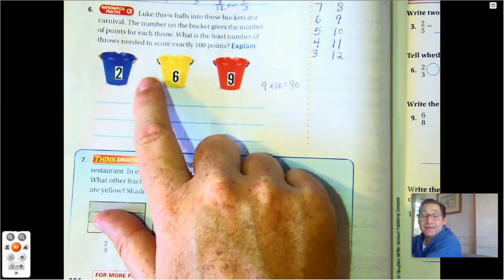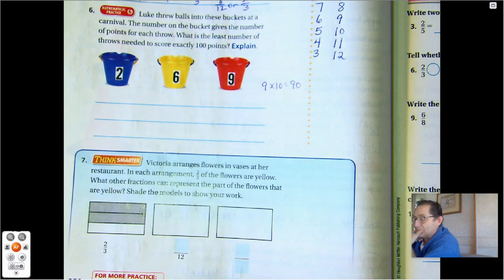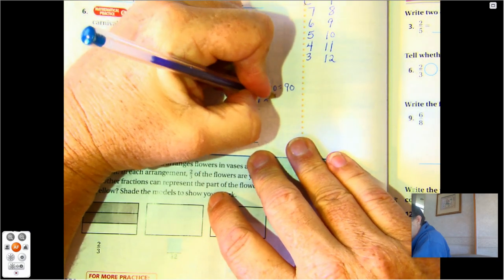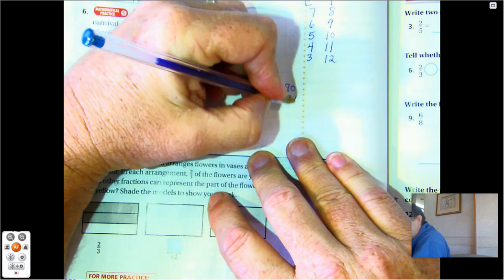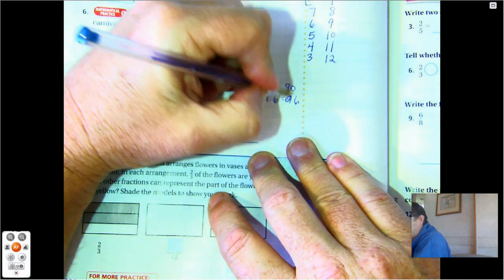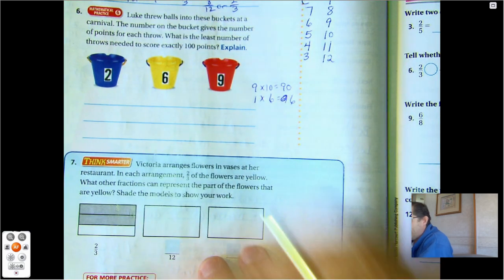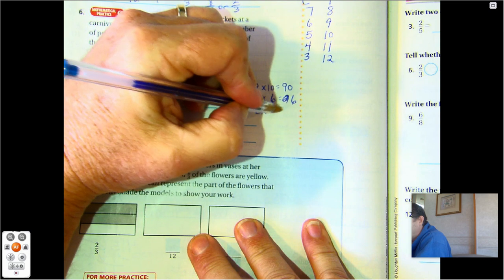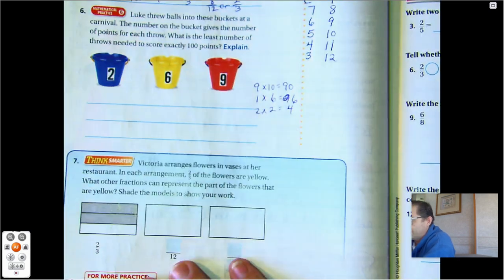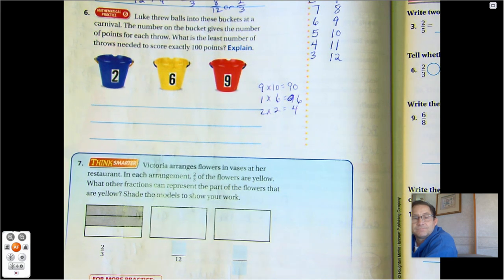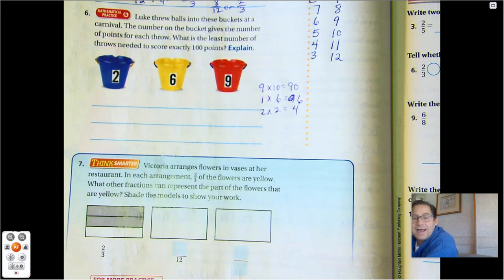Well, I think if I did 1 times 6, we would now be at 90 plus 6 is 96. And if we did 2 times 2, that would be 100. So I suggest that the least number is 12 throws.